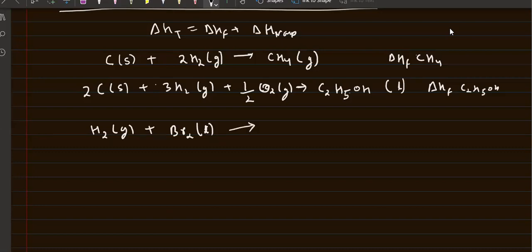Bromine exists in liquid state. So we will get 2HBr. Now this delta H of a reaction is equal to minus 72.8 kilojoule per mole.